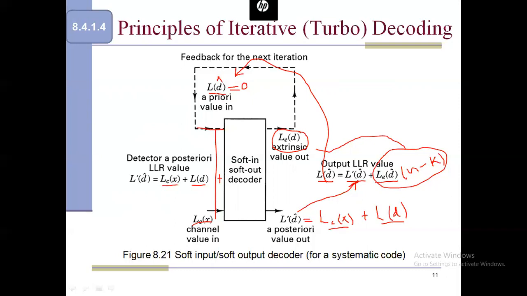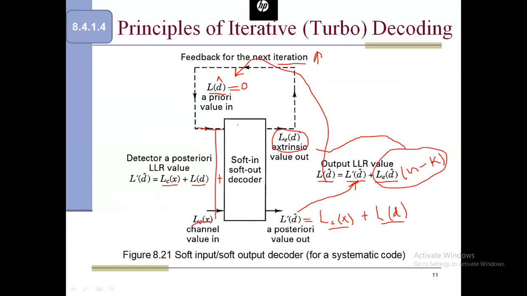This value will be fed back to the next iteration. So we increase the number of iterations, and the BER will be reduced. That works at very low power, because by increasing the number of iterations, we are increasing the confidence level in our decision.